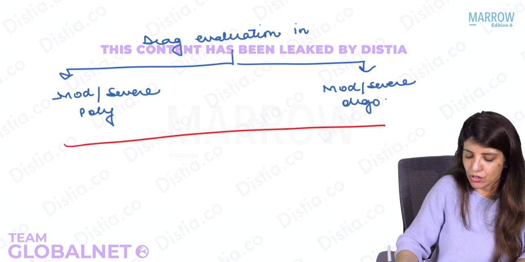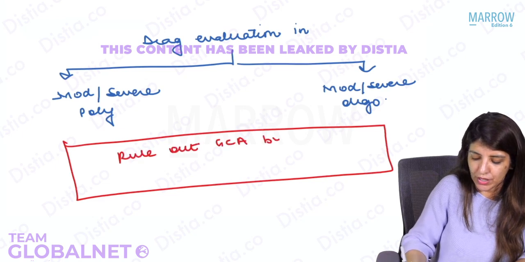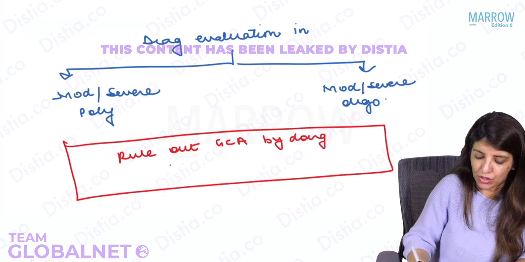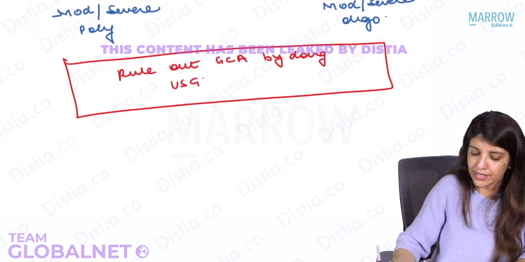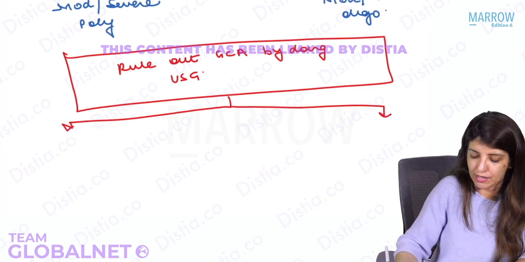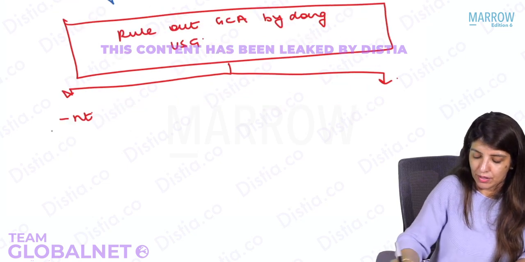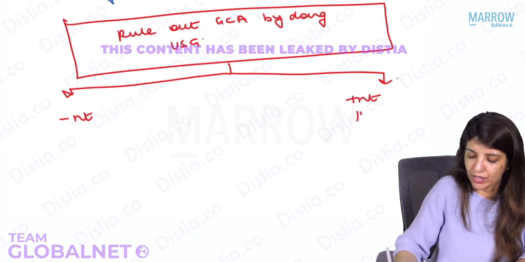So in this case, the first step always is to rule out gross congenital anomalies by doing ultrasound, right? Now, if gross congenital anomalies are present, the next step is karyotyping.